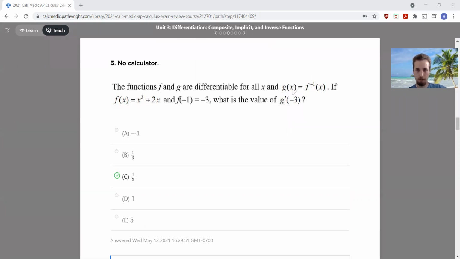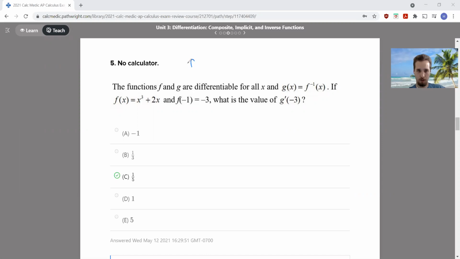Okay. Now this one was one of the two that I had to look up how to do, because I couldn't remember exactly. But just like how inverse tangent -1 is inverse, f^-1 of x means inverse, right?